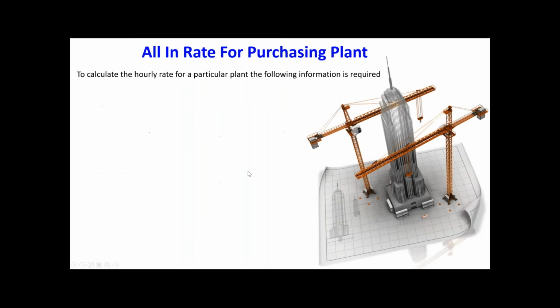Now, when it comes to purchasing a plant, what costs do we have to consider? If you want to calculate the all-in rate for your own vehicle, what information do you need?